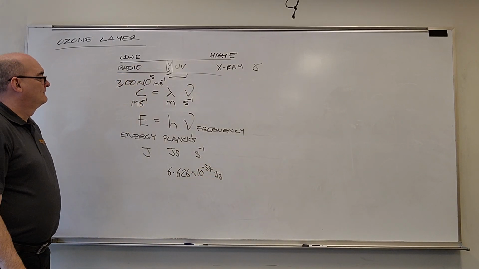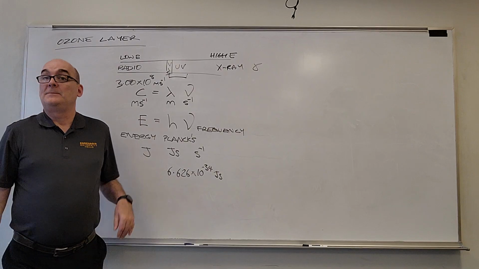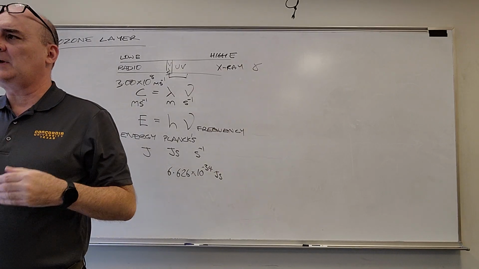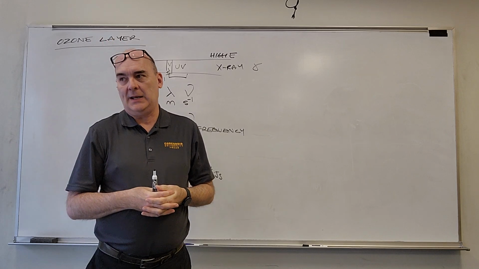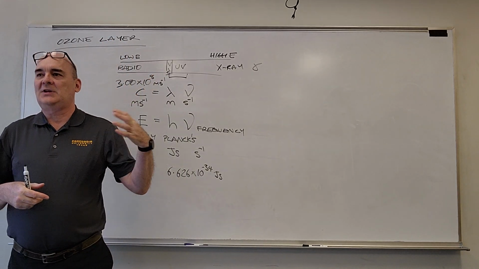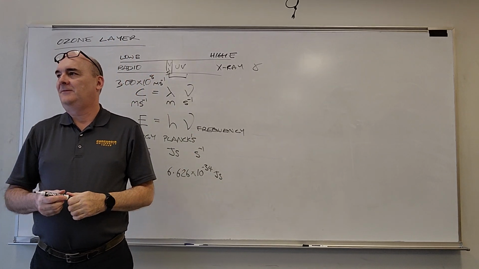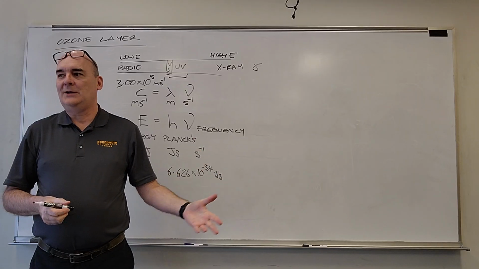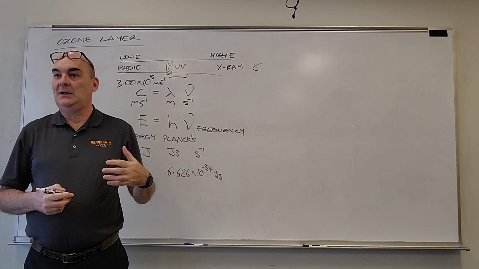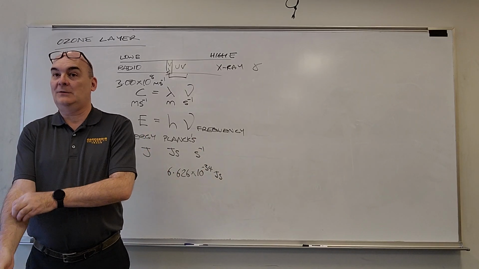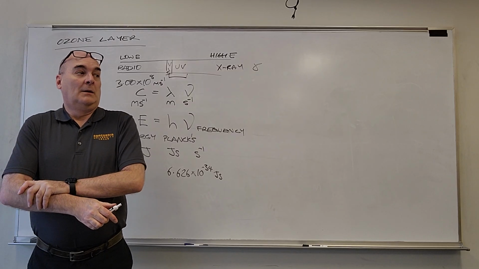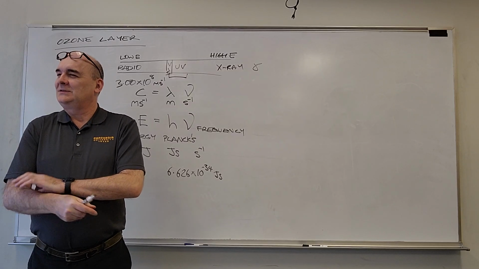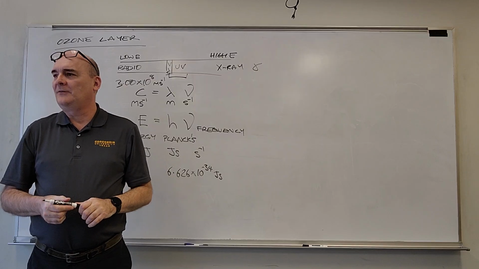Okay? So wavelengths are inherently easier to understand because I can say 400 nanometers, I can say 11 centimeters for the wavelength of a microwave, whereas frequency is just a jumble of numbers.